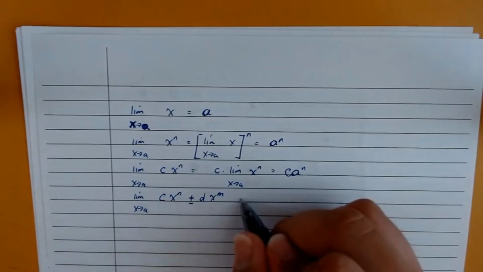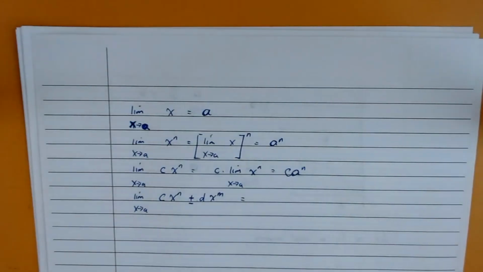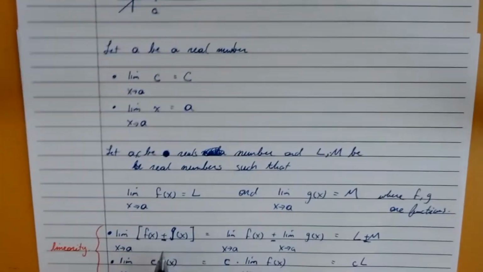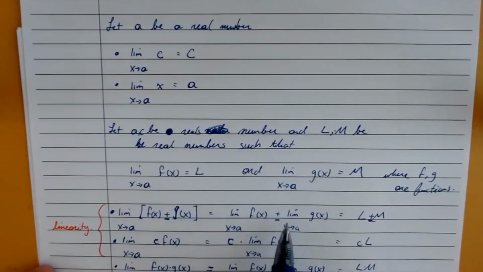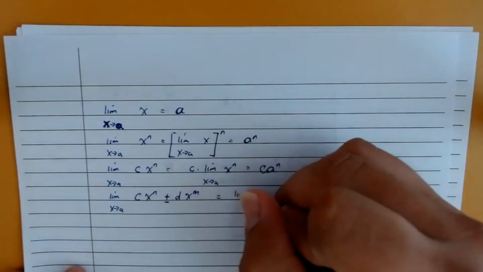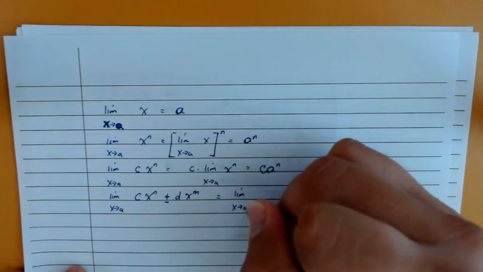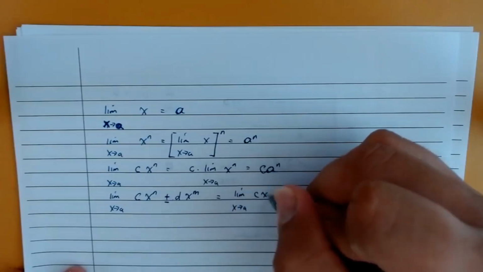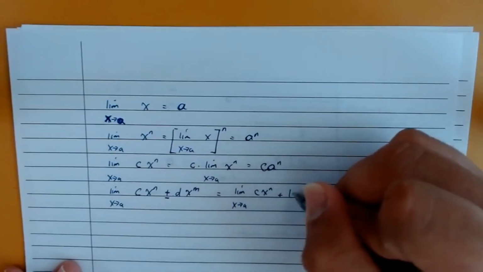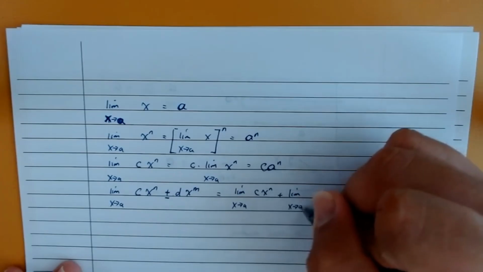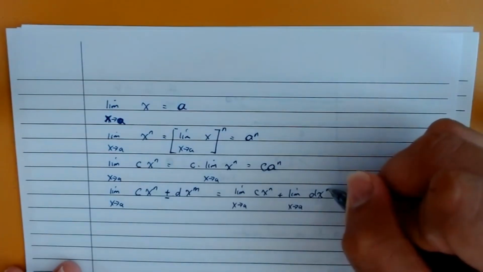All right, well, I have a property. In fact, that's the very first property we saw. That's linearity. Whenever we're taking the limit of a sum or a difference, we can take the limits first and then add and subtract. Okay, so that's going to be the limit as x approaches a of c times x to the n plus the limit as x approaches a of d times x to the m.